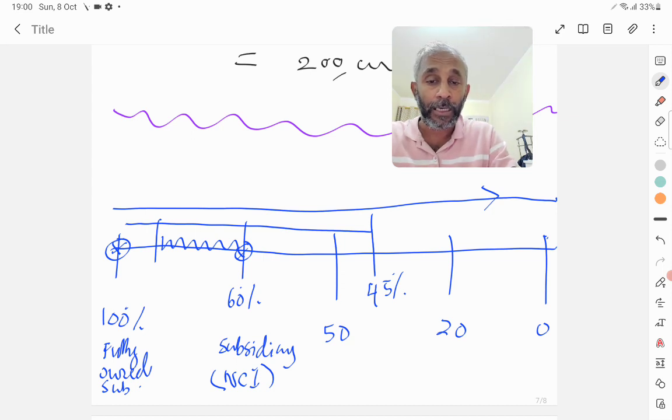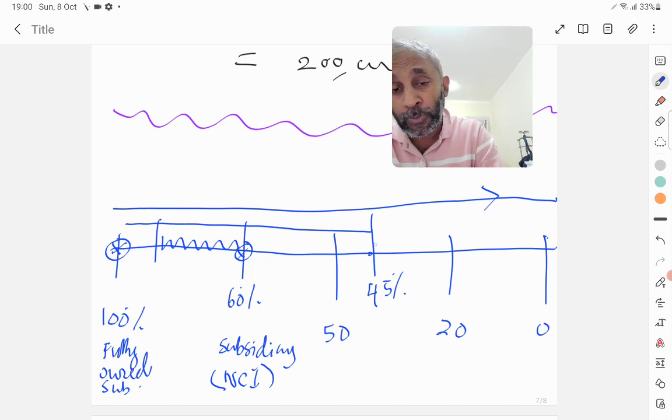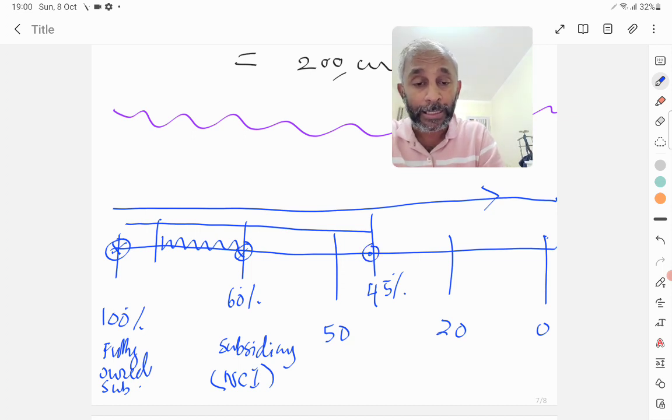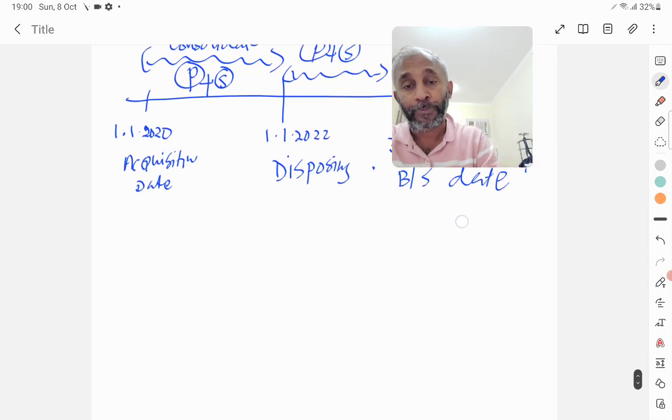According to the references given in IFRS 3 and 10, you have to verify whether control is retained. When control is lost, then at that point in time, that investee entity becomes an associate. In this situation, what happens?